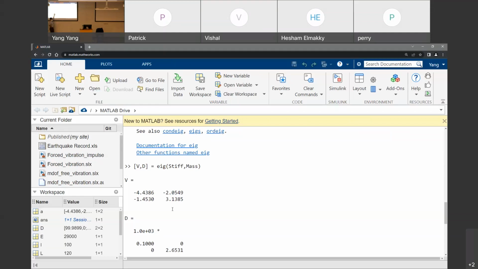What will you get? This should be equal to this number over the first number. What number did you get? 43 something? Yeah. Is that consistent with the second number of the mode shape?